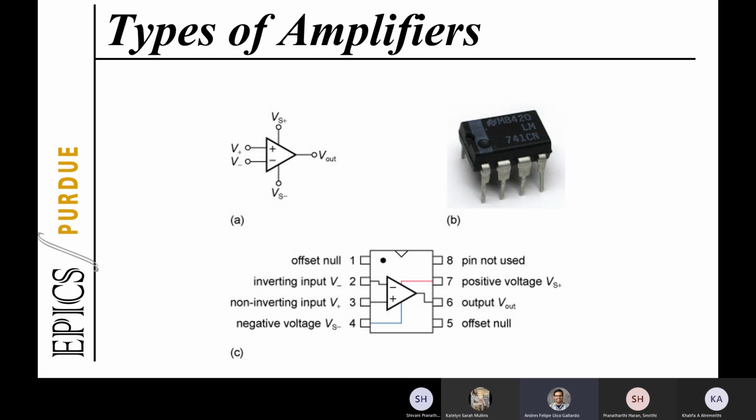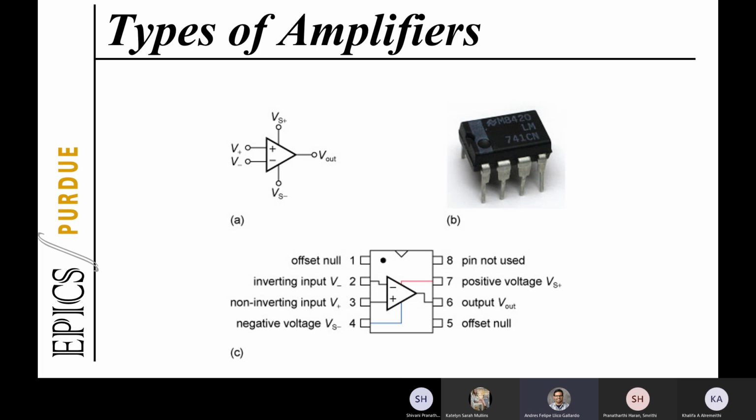The symbol of an op amp in a circuit is what is shown in letter A. We have two terminals labeled with a plus and a minus. That's going to be my input. Then we have two sources for voltage: positive voltage on the top and negative voltage on the bottom, and these are going to be the voltage supplied by my power source.